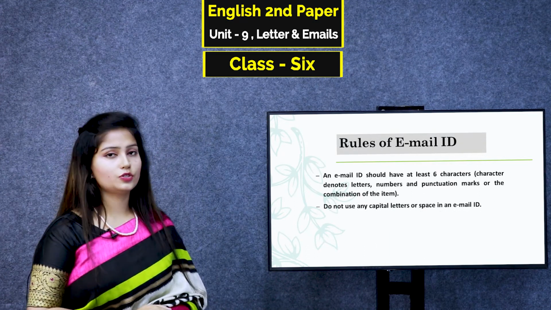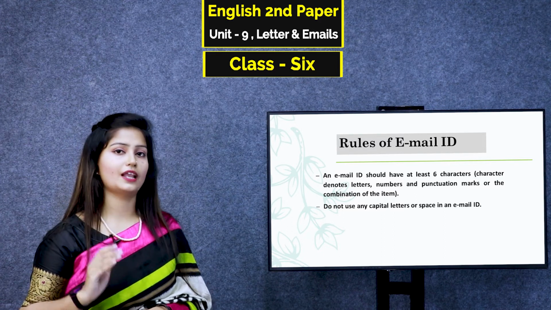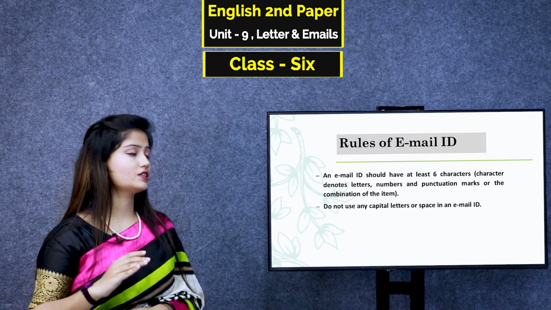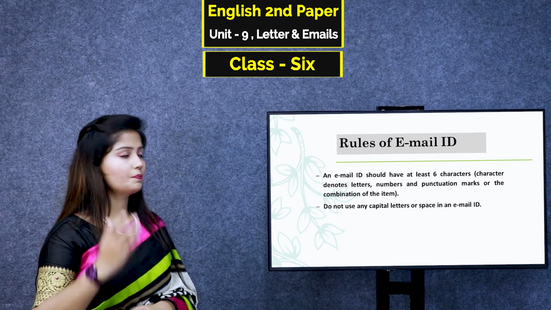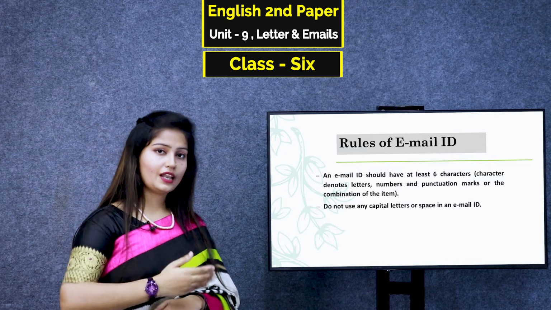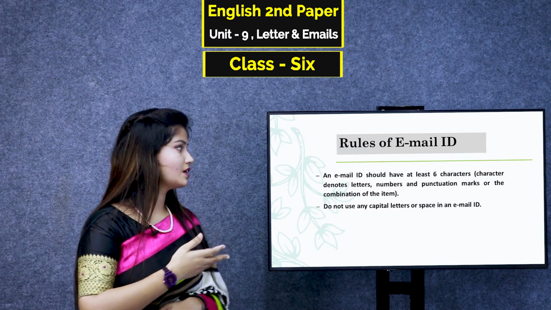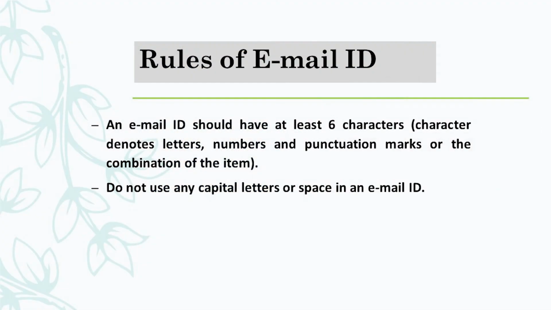So when we write an email, we must have an email ID if we want to send it via mobile phone, computer, or laptop. So for an email ID, you need to follow these criteria. An email ID should have at least 6 characters. Characters denote letters, numbers, punctuation marks, or a combination of these.